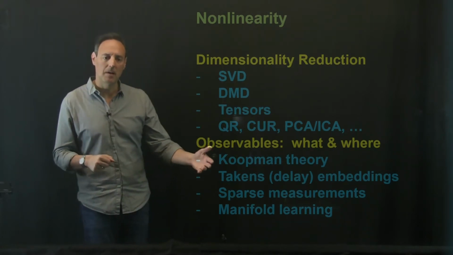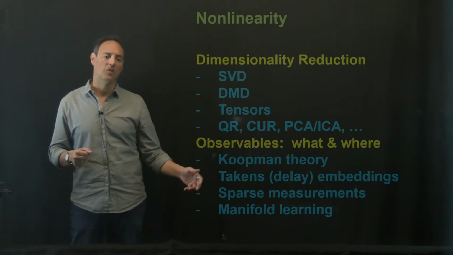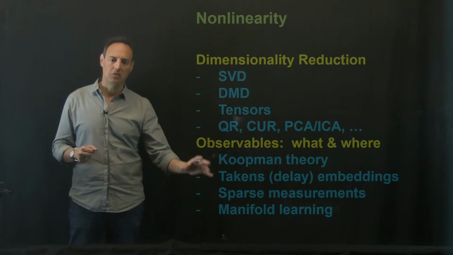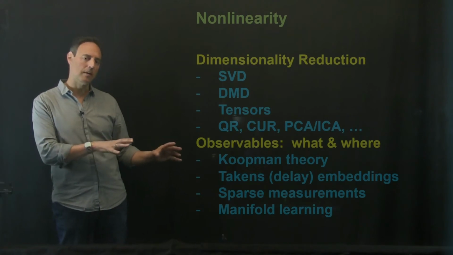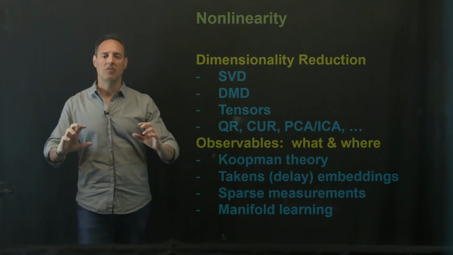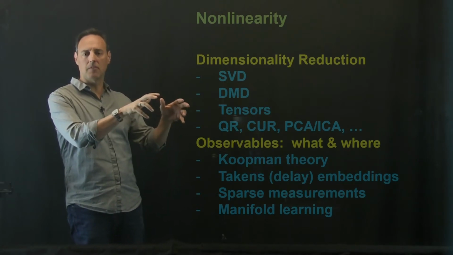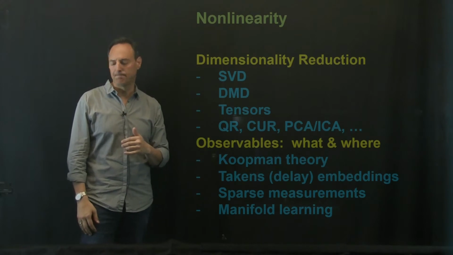So we can start thinking about ideas from Koopman theory or Takens delay embeddings. We think about manifold learning. There are a lot of concepts down here I will get to later in the second half of the talk, which is, I maybe want to figure out, is there a better set of variables I can place myself in that's going to better extract out the kind of dynamics I want to look at.